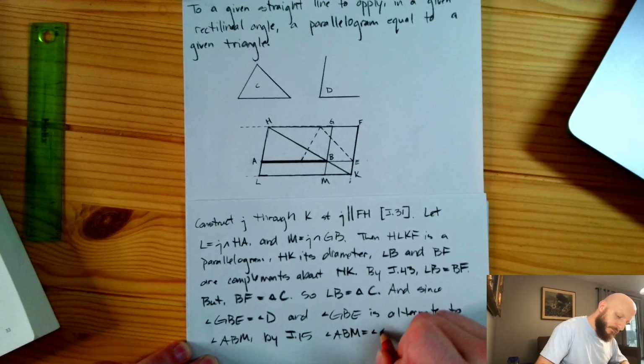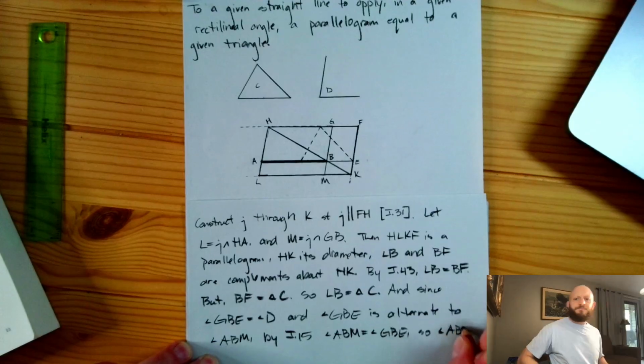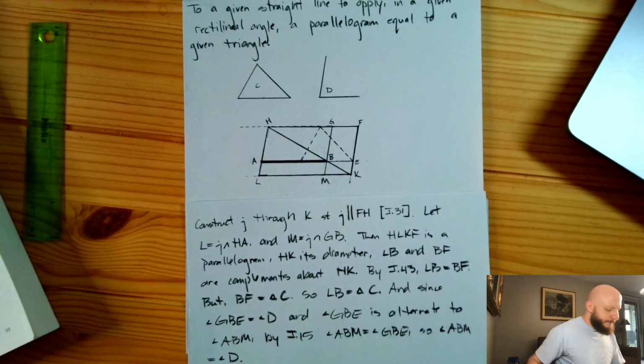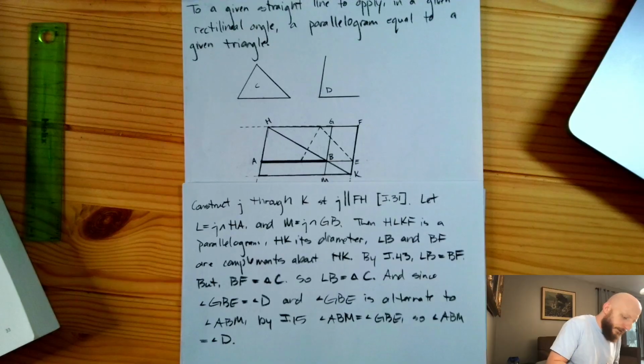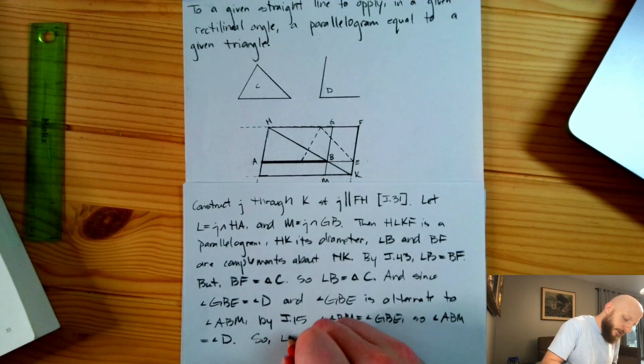So it equals angle D. Are we still on the screen? Yeah. Okay. So LB is the required parallelogram.